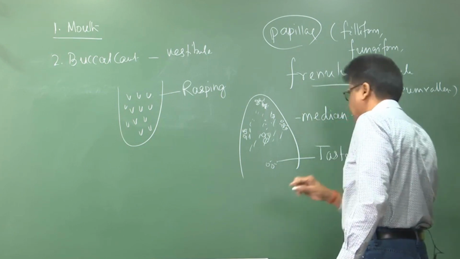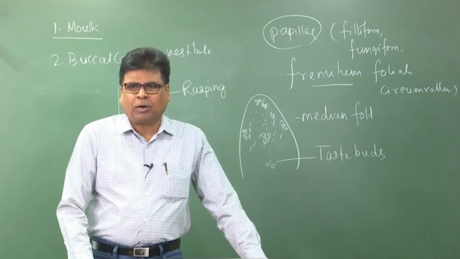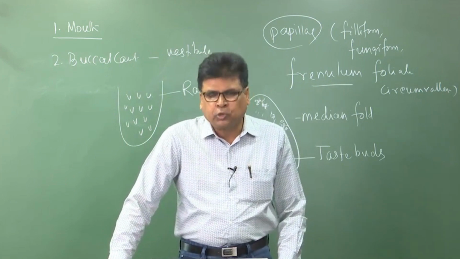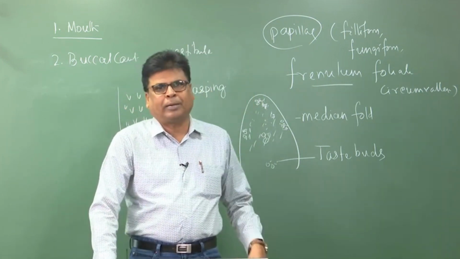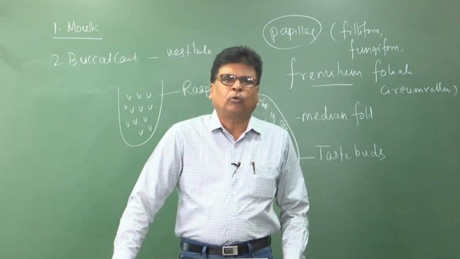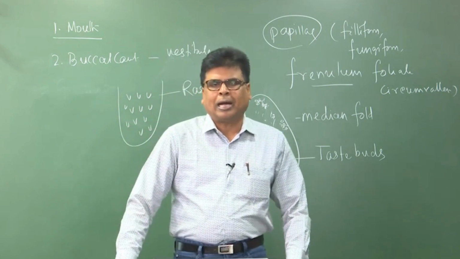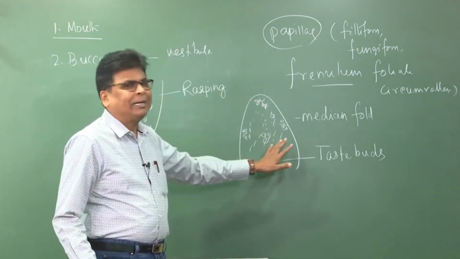So along with the papillae, the tongue also possesses a number of taste buds, and the most important function of the taste bud is to sense the taste of the food material. So whenever we are taking food material, either it is sweet, or for example sour, or salt, this can be observed only by the taste buds.